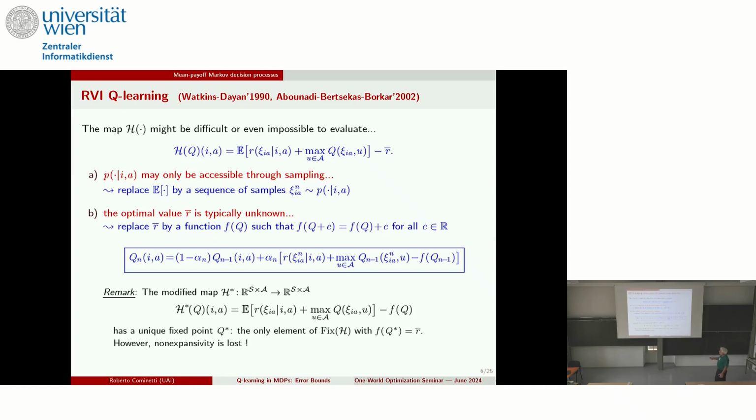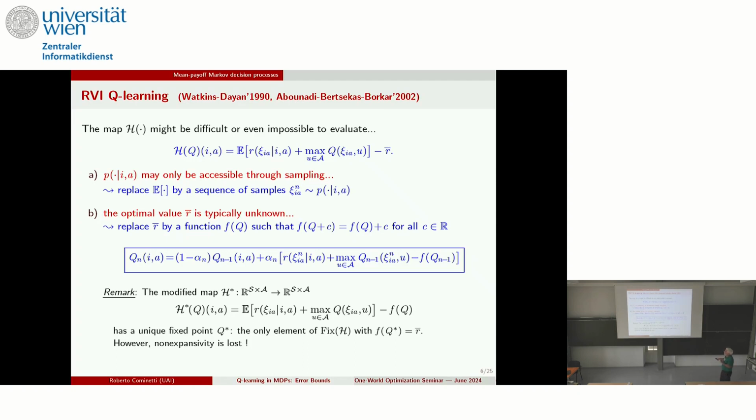So just an observation: if I look at this modified map, which is just the expected value of this, when I take expectation with respect to the noise, this map now has a unique fixed point. Before we had uniqueness up to a constant. Now you have a unique fixed point.